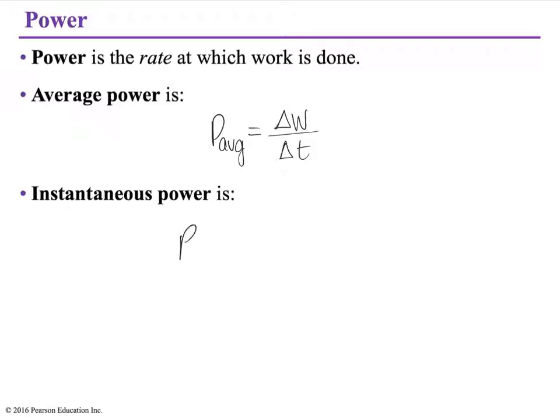If we want to know the instantaneous power, it would be this ratio, but we're allowing the delta t to go to 0, so you might expect it's going to be dW dt, the instantaneous power. So that would involve perhaps a derivative.